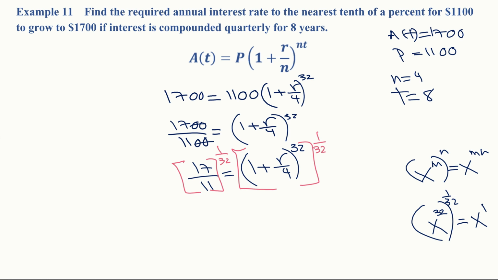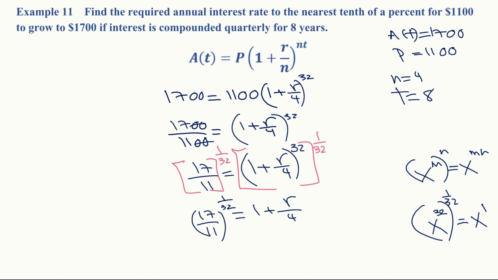So what that leaves us on the right side, of course, is just 1 plus r over 4. And on this side it leaves us 17 over 11 to the power of 1 over 32, which is, of course, the 32nd root of 17 over 11, right?